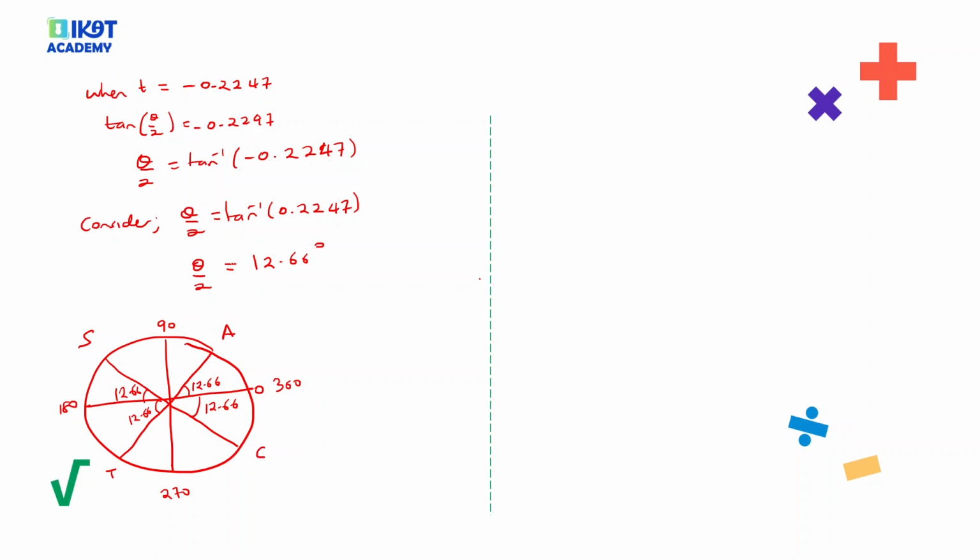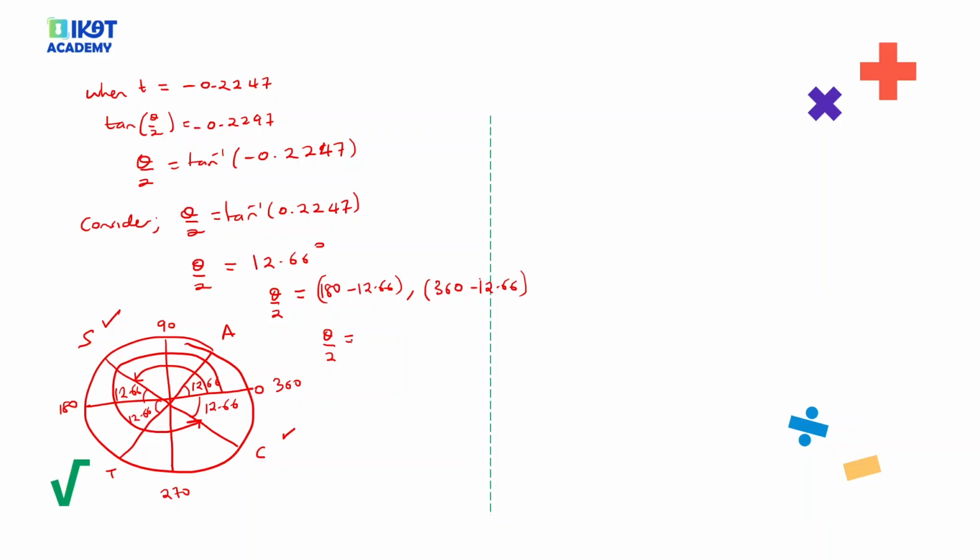For this case, tan is negative, so it's this quadrant and this quadrant; we go here and we go here. So theta out of 2 actually is going to be 180 minus 12.66, comma, 360 minus 12.66.